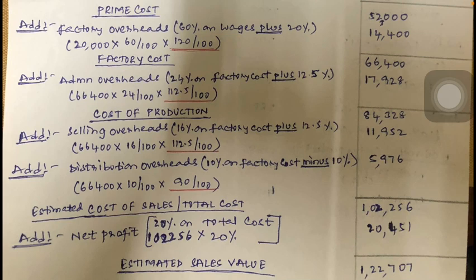When you add selling overheads and distribution overheads to cost of production, you will get estimated cost of sales or total cost, which is 1,02,256. And net profit is to be charged at the rate of 20% on total cost. 1,02,256 into 20% is 20,451, and estimated quotation value or sales value is 1,22,707.